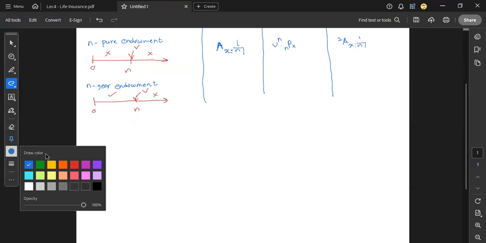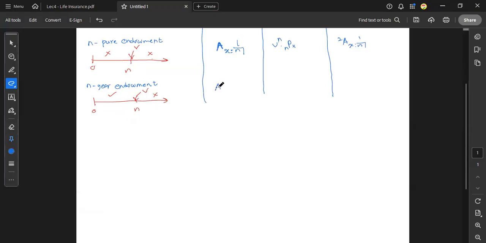So we have continuous term life, and the formula is a summation of term life and pure endowment part.